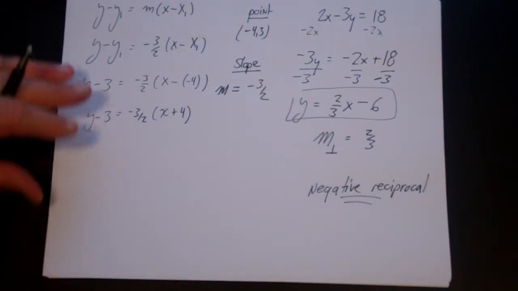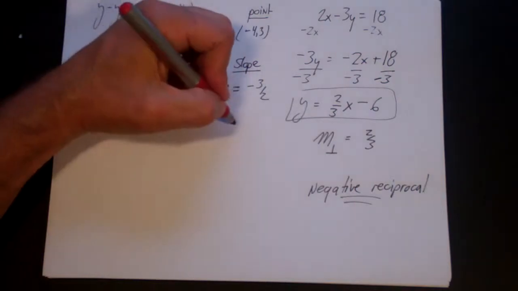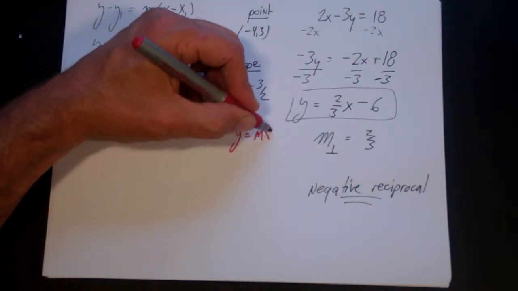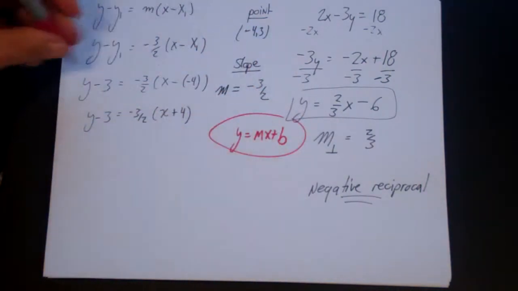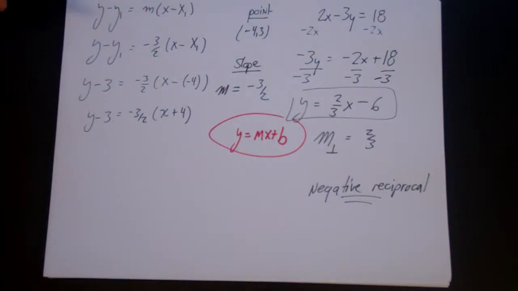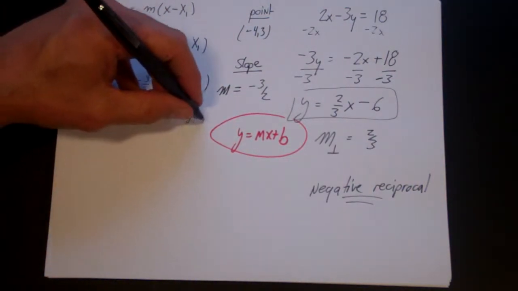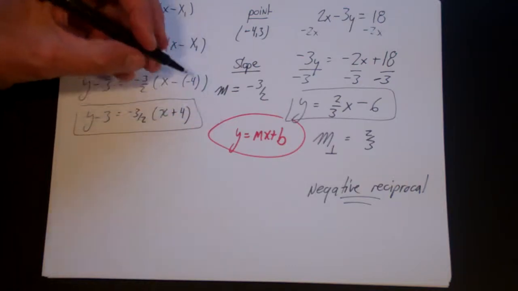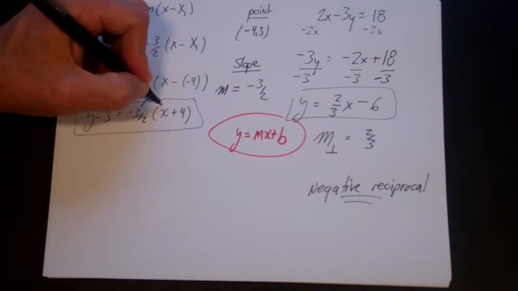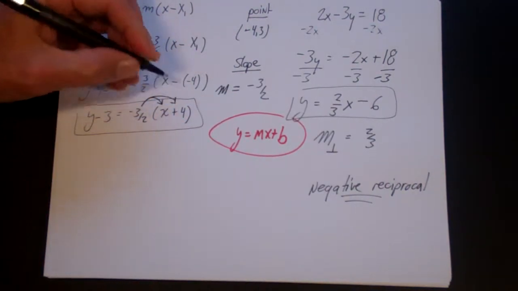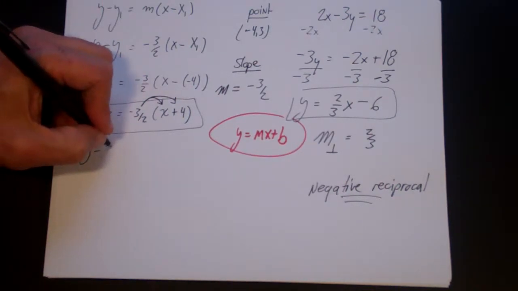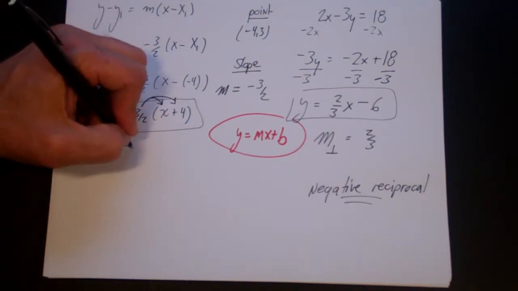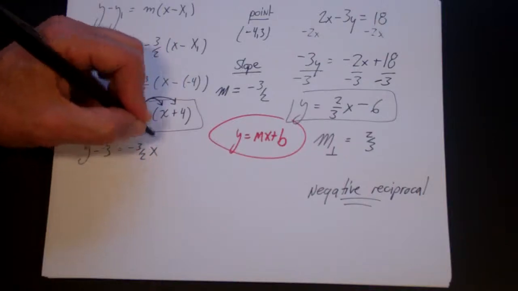And now let me write this in the form y equals mx plus b. If the question doesn't state it, I think this is the best way always to write it. If I want to write it in this form, what I'm going to do is take the -3/2 and distribute. So I get y minus 3 is equal to negative 3 halves x.